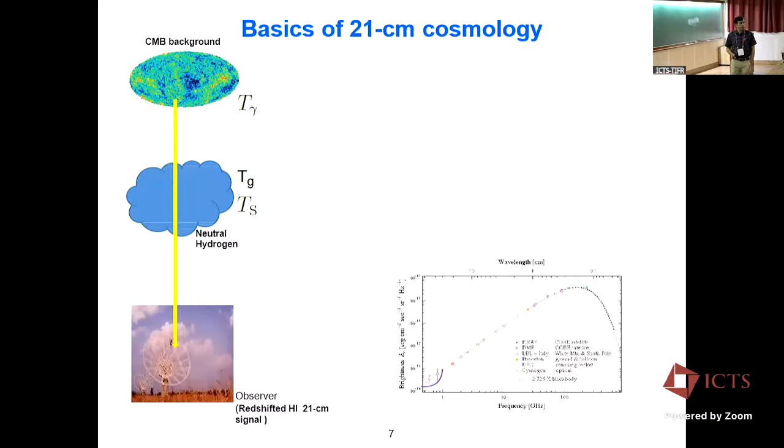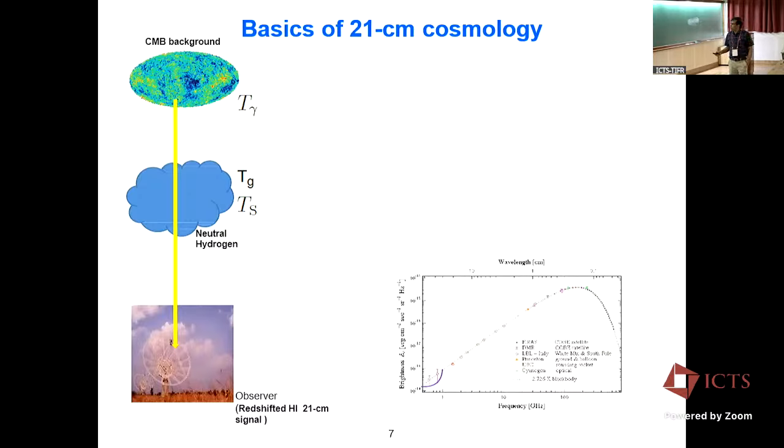So cosmic microwave background radiation is a perfect black body radiation. So if we see the spectrum as a function of frequency, it will look like this. It's a perfect black body spectrum, right?